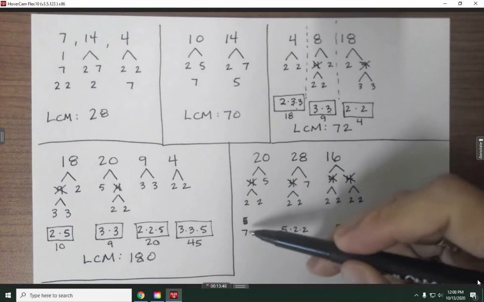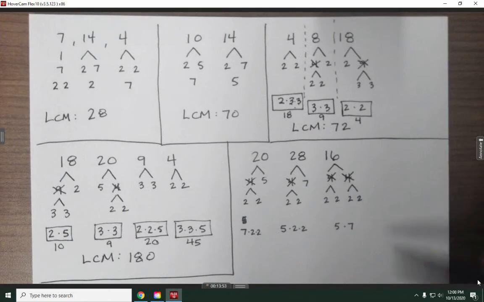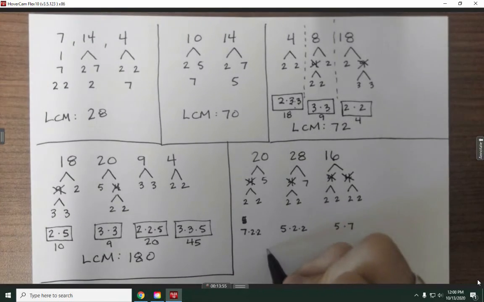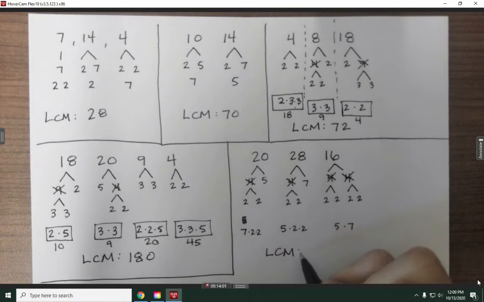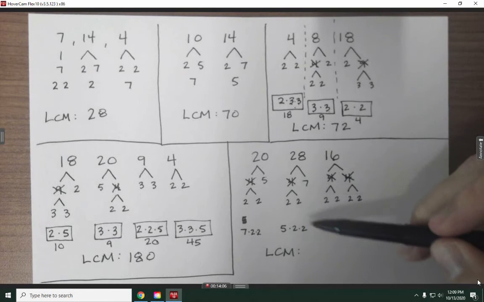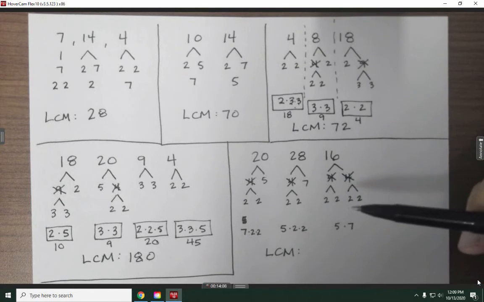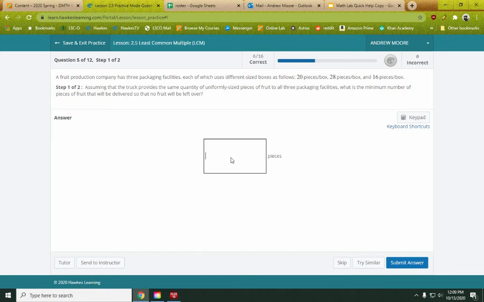And so we should have 6 total numbers in each one of these, and that's what we have. So we're going to have to multiply this together. We got 28, and then times another 2 is 56, and then 5 times 2 is 10. So this is going to be 560 is what this totals out to be.